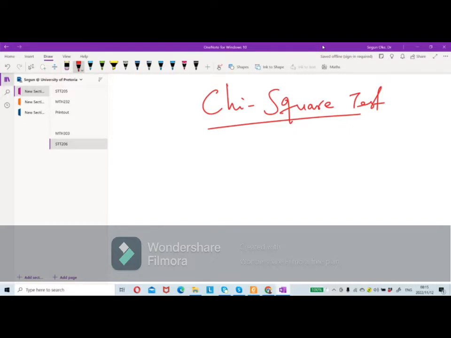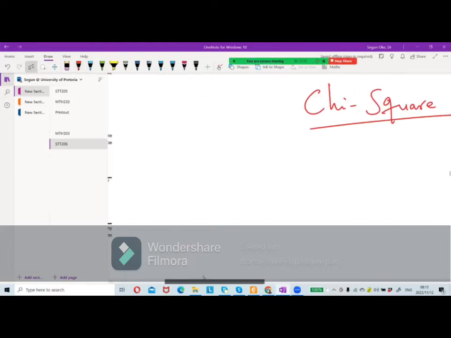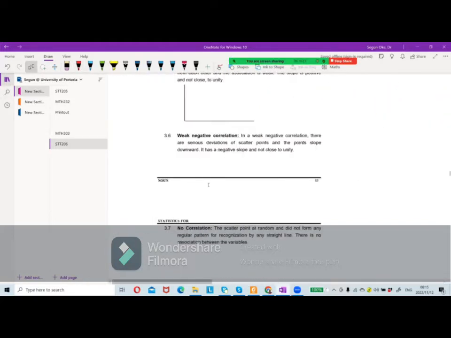But on the chi-square, how do we solve the chi-square problem? What are the things I need to know on the chi-square level? Is it also hypothesis? Yes, we use hypothesis to solve them. I will just go straight to the example. But before the example, let me see whether I can show you something in your book.